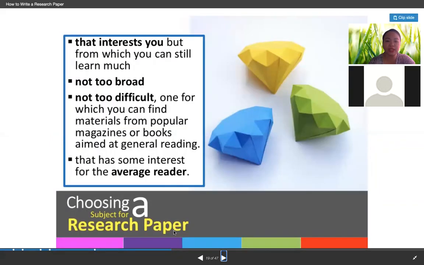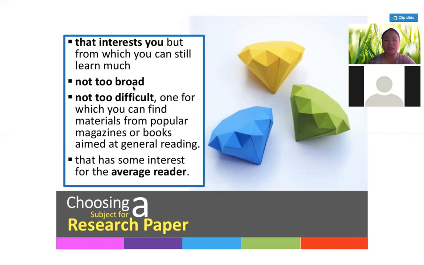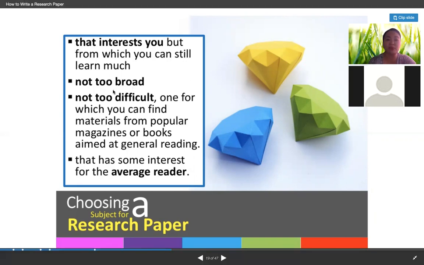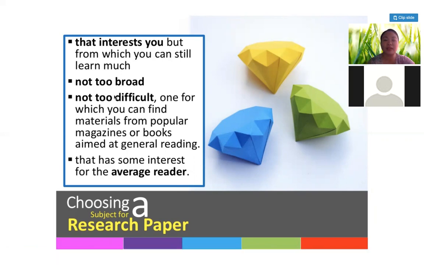you choose a subject for a research paper or for a review paper that interests you but from which you can still learn much, no? So sometimes we are too interested and we want to learn more. Not too broad, so be specific enough kasi pag broad, the broader, the more work that has to be done, no?